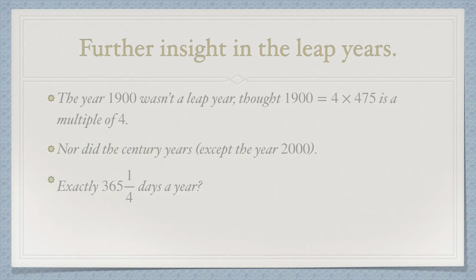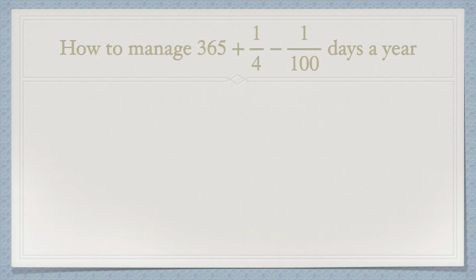So, is there exactly 365 and a quarter days in a year? Not exactly. It is rather 365 plus a quarter minus 1 over 100 days in a year.